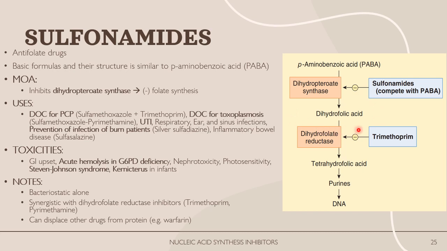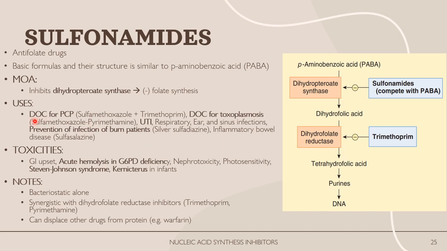From your dihydrofolic acid, they can produce tetrahydrofolic acid using your dihydrofolate reductase, and this enzyme is inhibited by your trimethoprim. From your tetrahydrofolate, they can produce purine and then DNA. So where do we use our sulfonamide? By the way, your sulfonamides, when given alone, are bacteriostatic, but when combined with your pyrimethamine or your trimethoprim, they have a synergistic action and become bactericidal.